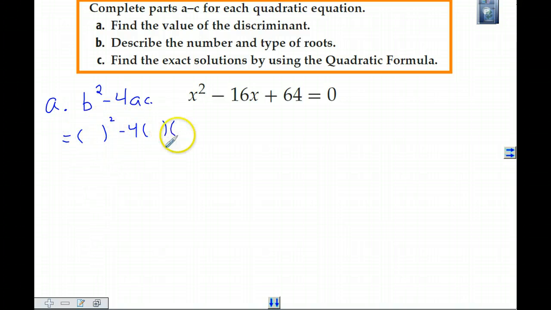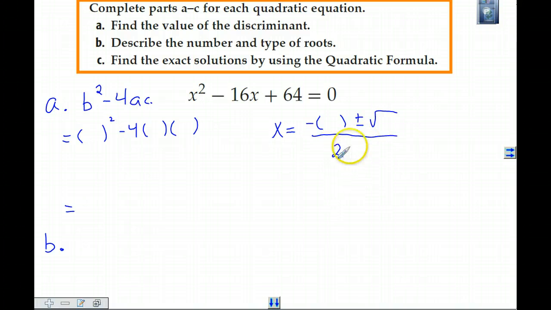I'll let you go from this point on. Go ahead, see what you get, and then see what your answer is for part B. I'll walk around to see if you have any questions. But give it a shot.